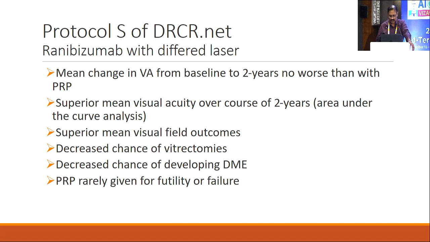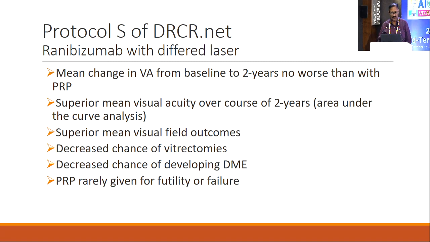But there are a lot of side effects of laser photocoagulation, so there is a search for an alternative treatment. To answer this, DRCR net did Protocol S, which has changed the management a little bit. Ranibizumab, an anti-VEGF, was compared with deferred laser, without doing a pan-retinal photocoagulation.